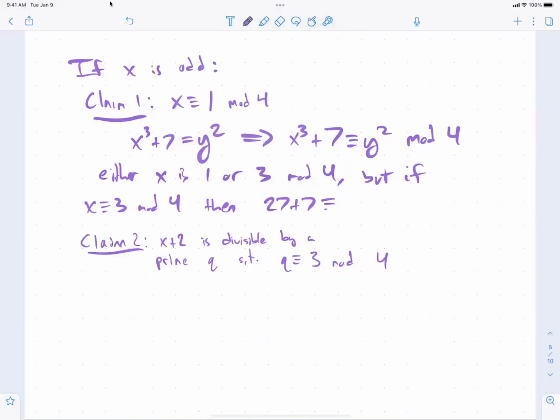So I get 27 plus 7 is congruent to y squared mod 4. 27 plus 7 is 34, so I get 2 is a square mod 4.